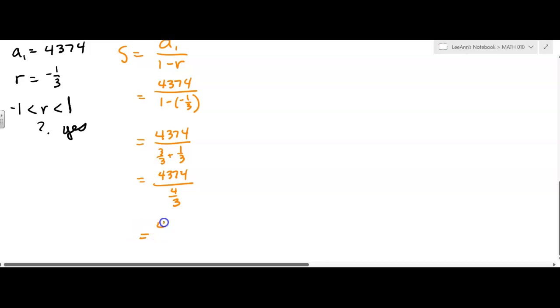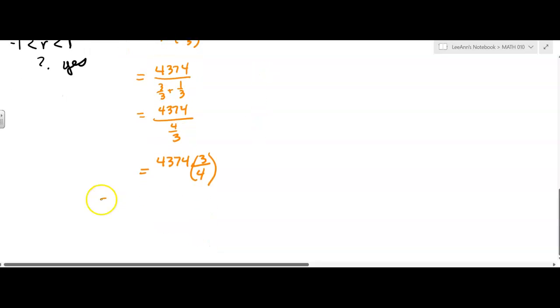That's going to be 4,374 times 3 over 4. It was going to look like a decimal if I wasn't careful. Okay. So let's just do this on a calculator. 4,374 times 3 divided by 4, and let's see what we get. So the sum is equal to 3,280.5.